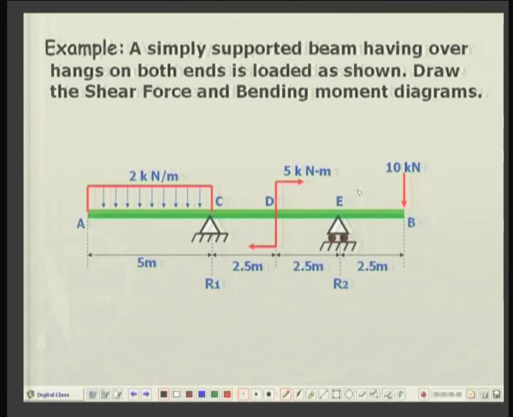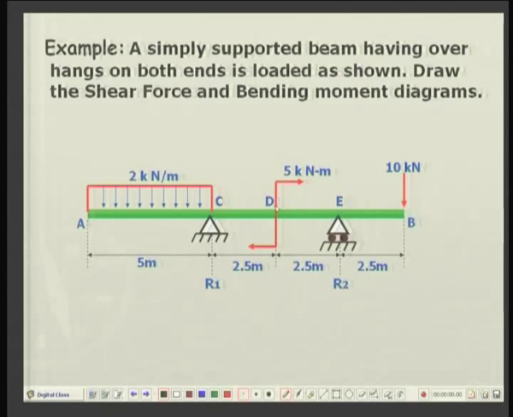So, the influence of this uniform loading will be there. You can replace this uniform load by a single equivalent load at the middle of the rectangle, and then you can determine again the shear force and bending moment.